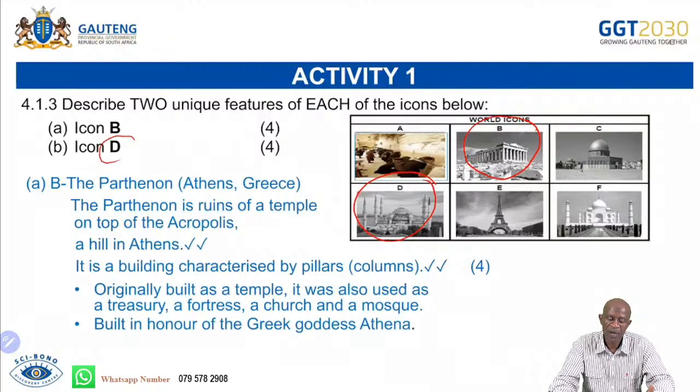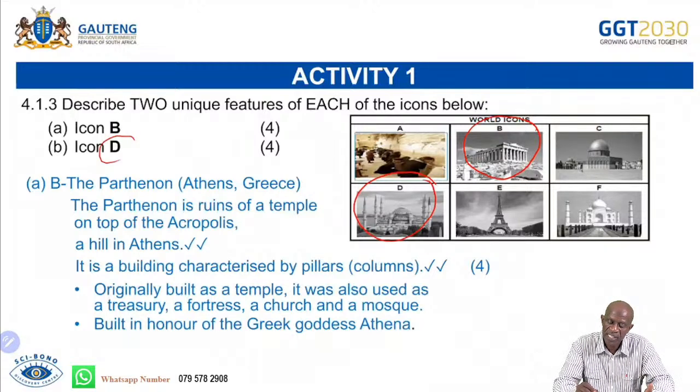It is a temple on top of the Acropolis, a hill in Athens. So that gives you the proper location, and the fact that it's located on top of a hill makes it unique. It is a building characterized by pillars or columns.